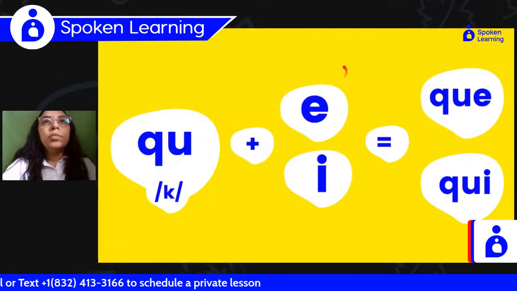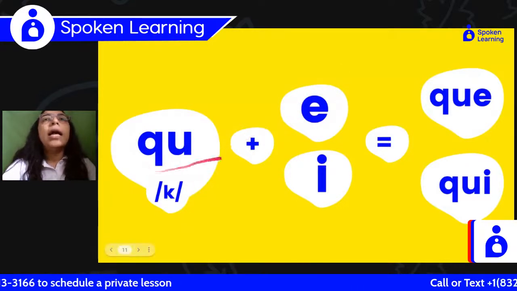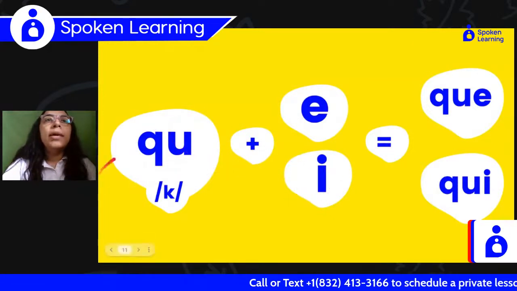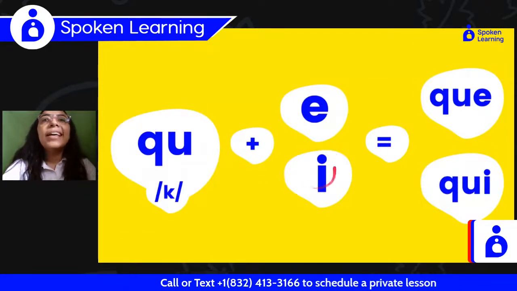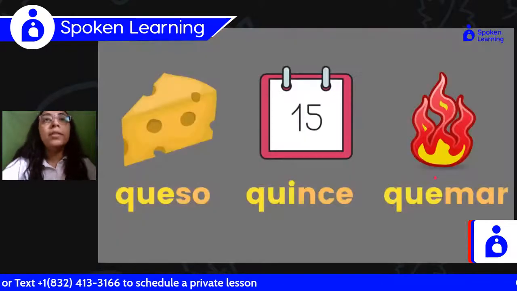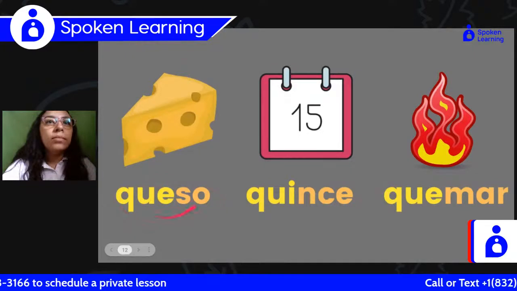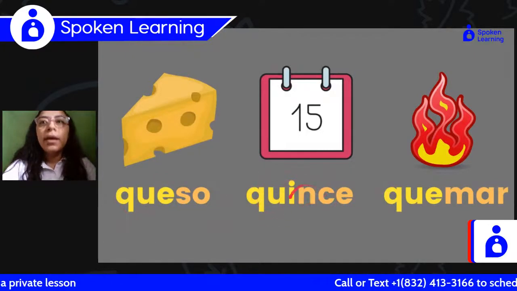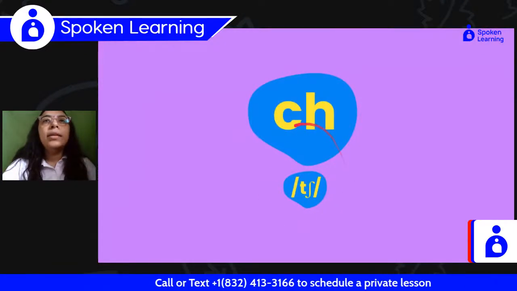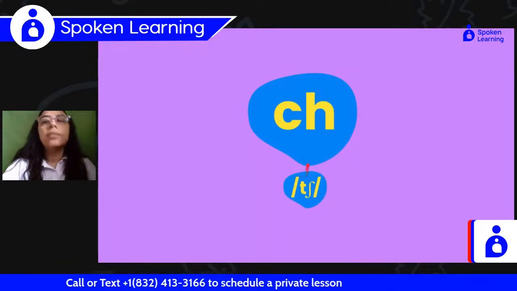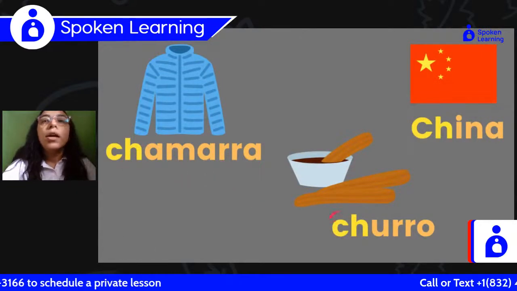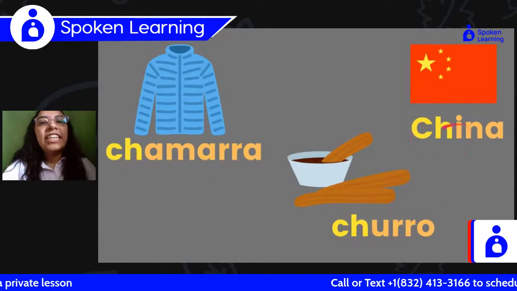For example, when you put it together with e it will be que, and when you put it together with i it will be qui. So que, qui. Some examples of them: queso, quince, quemar. The next one is ch. Okay, so for this, chamarra, churro, china.